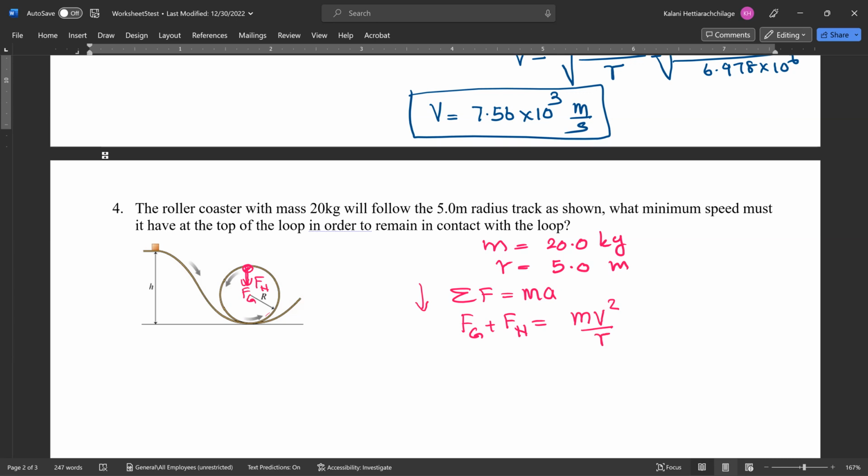The important information is that I need to keep this on the track, meaning I should not fall down. What I should have is the normal force at that place equal to 0 to have the minimum speed.